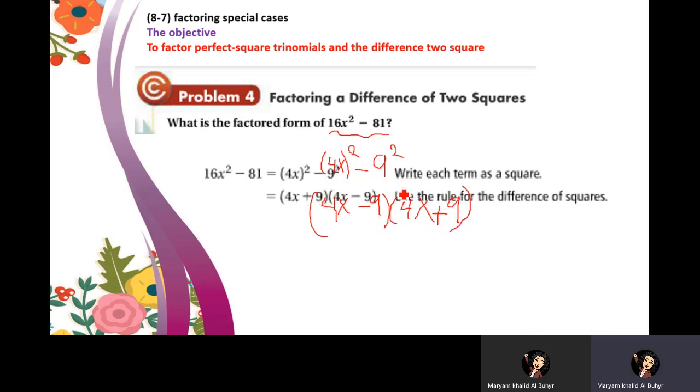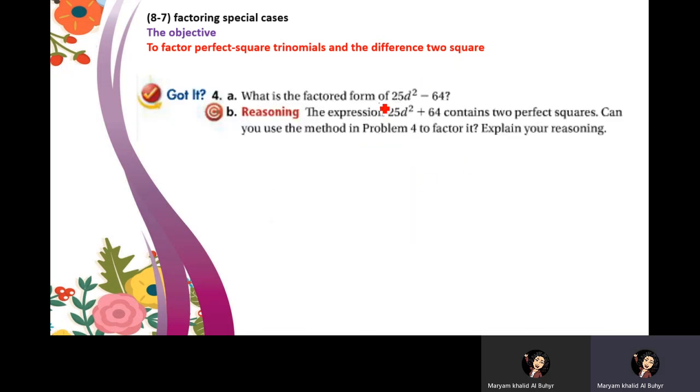Let me give you more practice. This one will be 5d to the power 2. I can say all this to the power 2 minus 8 to the power 2. So that equals, according to the difference between two squares, 5d minus 8.